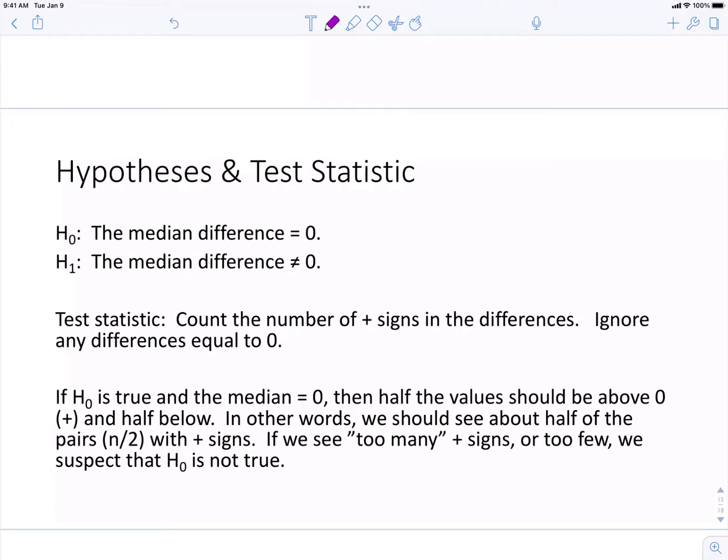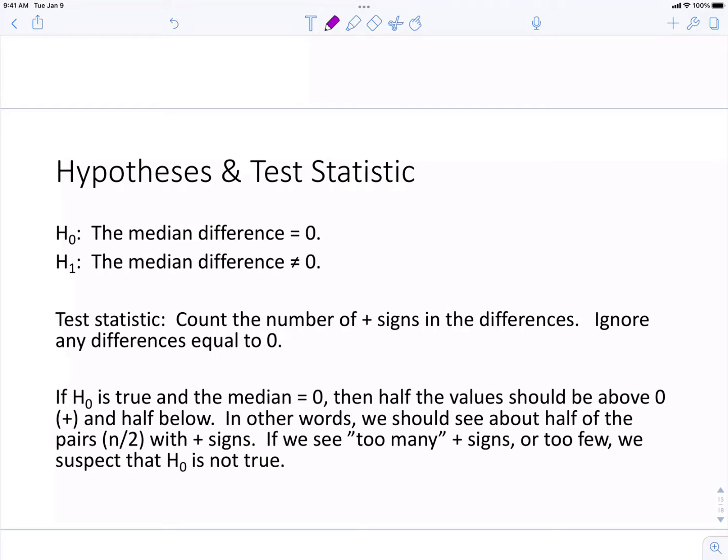Now, if the null hypothesis is true and there's no difference between before and after data, then about half of the differences should be above 0 and half should be below 0. In other words, we should see about half of the pairs with positive signs and half with negative signs.